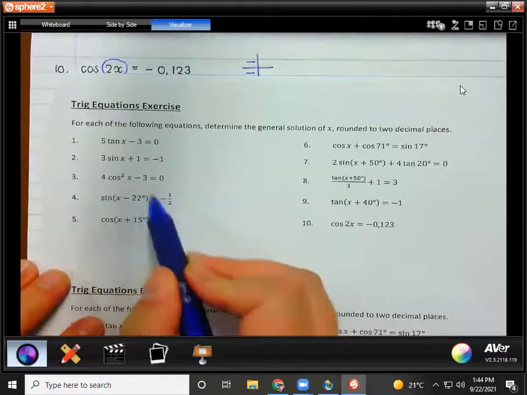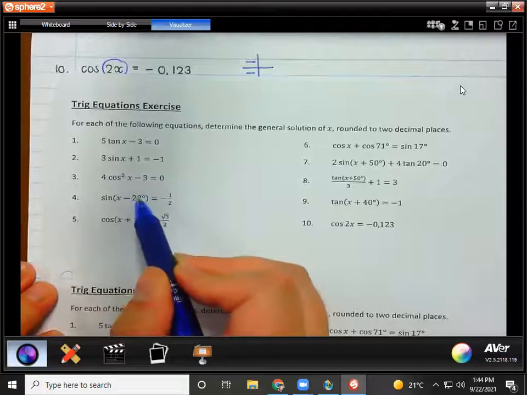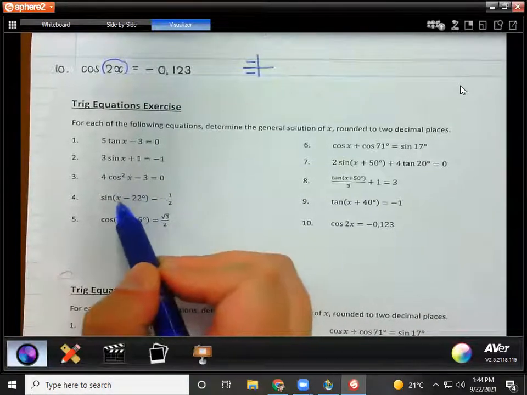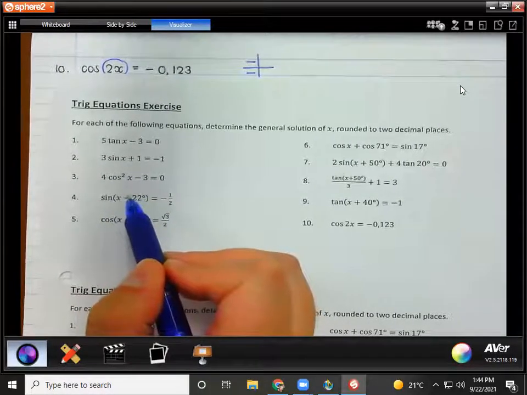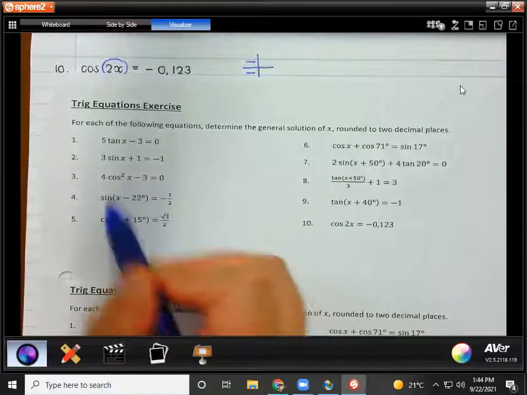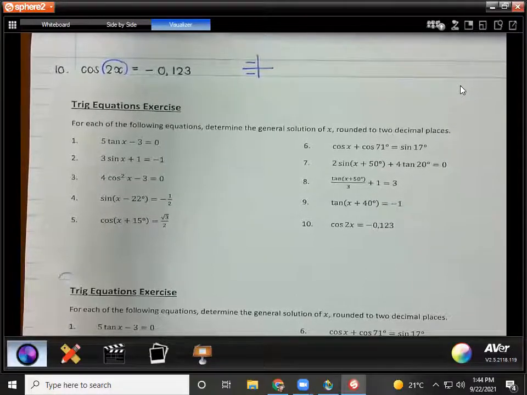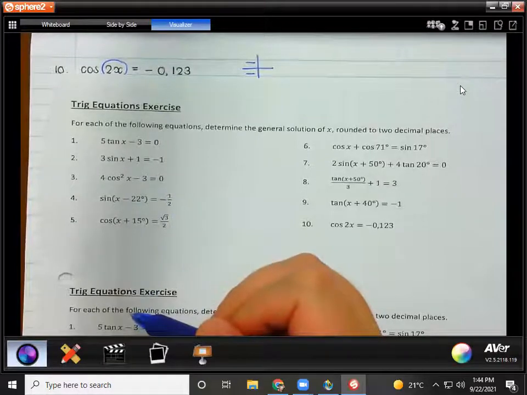If we're looking at number 4, do we see that we now have a complicated angle there? The angle is x minus 22 degrees. But do you see that we have a trig ratio and an angle? It's sine and an angle. Like I said, it doesn't actually matter what that angle is. As soon as you have your trig ratio with an angle next to it, you're going to do shift sine of a half.